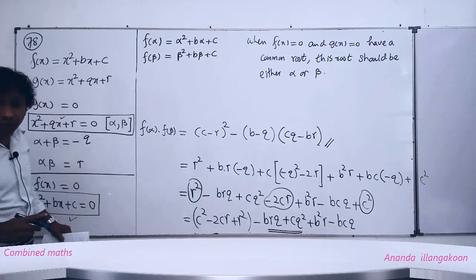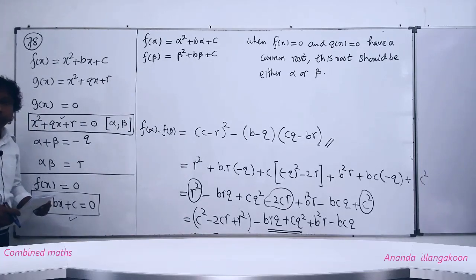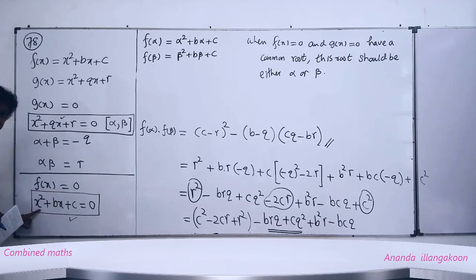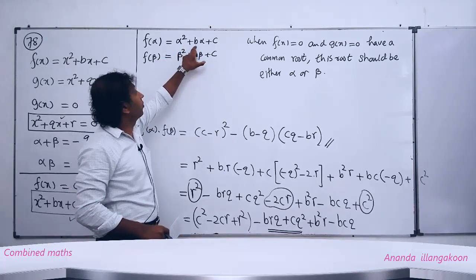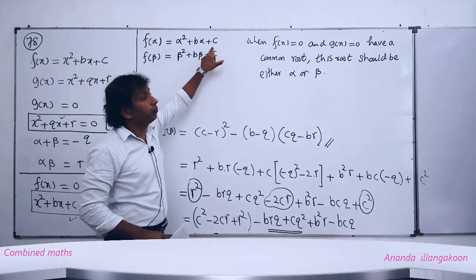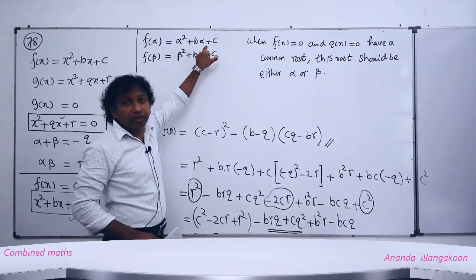Then suppose the common root is alpha. Then this equation and this equation have the common root alpha. Therefore, alpha is a root of this. Then when you put alpha for this x, alpha squared plus b alpha plus c should be equal to 0. Understand? Alpha squared plus b alpha plus c means this, and that should be equal to 0.